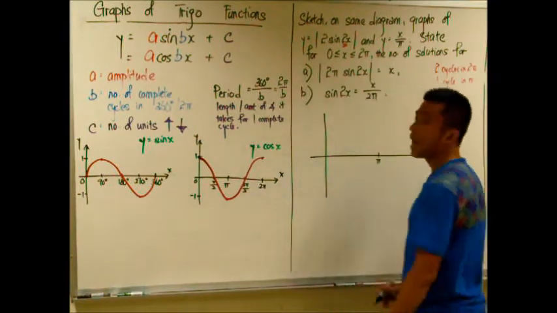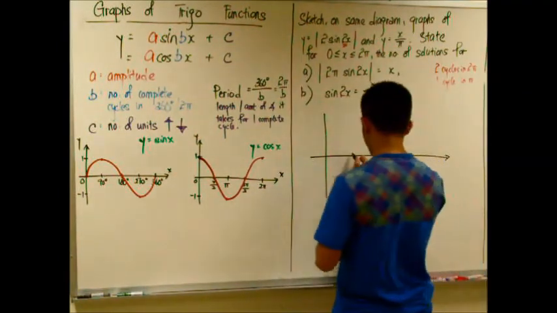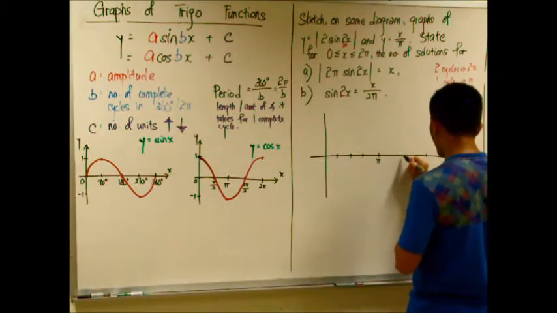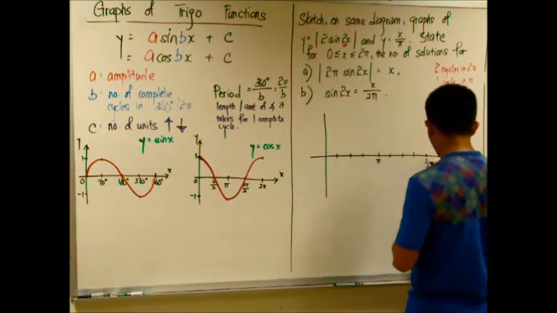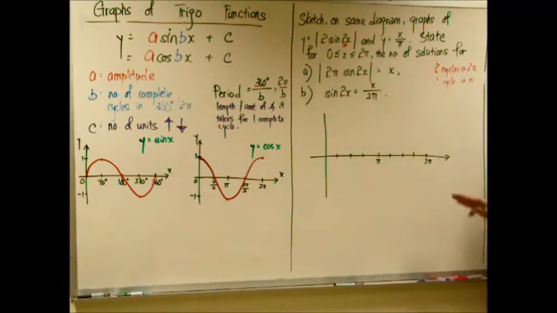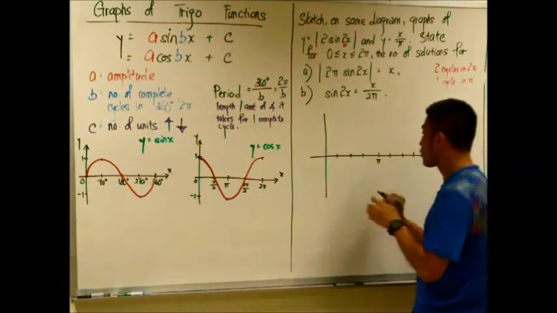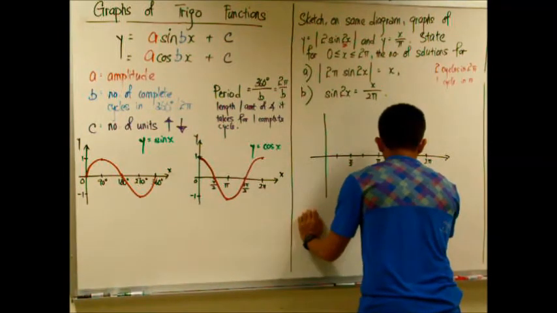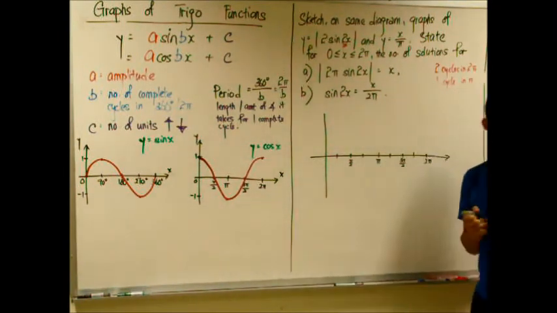With pi, I need 4 equal intervals. Similarly, for 2 pi, I need another 4 equal intervals. It will be good if you can fill in all the corresponding values, or if not, at least fill in the midway points. This should be good enough.